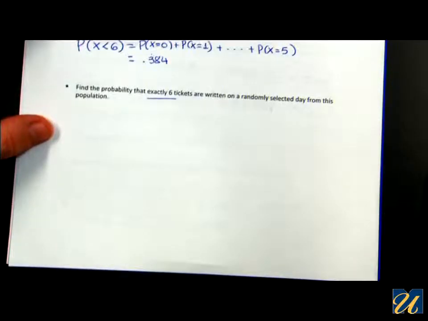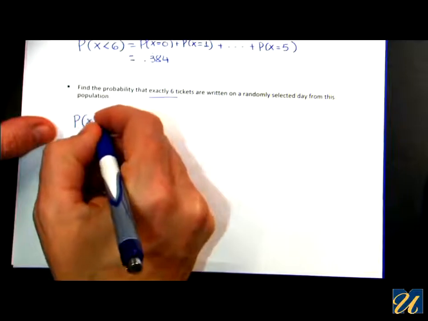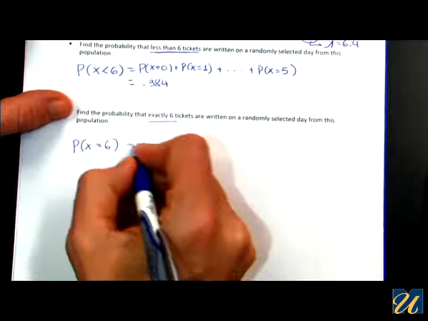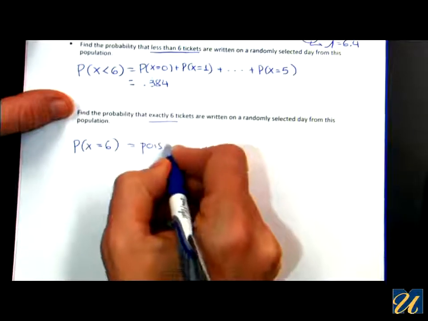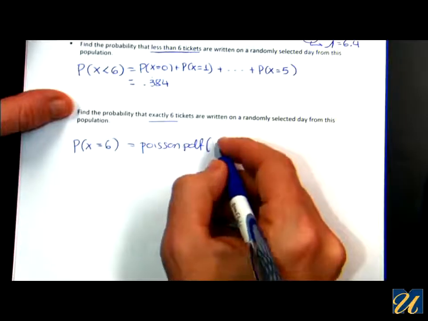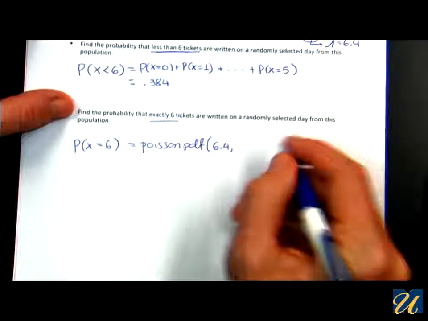Find the probability that exactly 6 tickets are written on a randomly selected day from this population. So now you're looking for X to be equal to 6. All you need to do is Poisson PDF(6.4, 6).